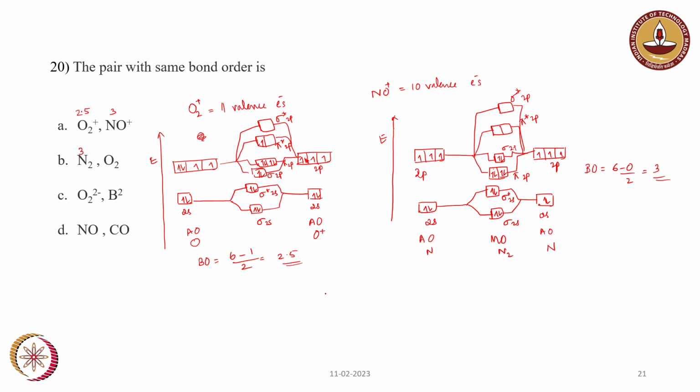And in the case of oxygen, in oxygen there are 12 valence electrons. There are 6 valence electrons for one oxygen.